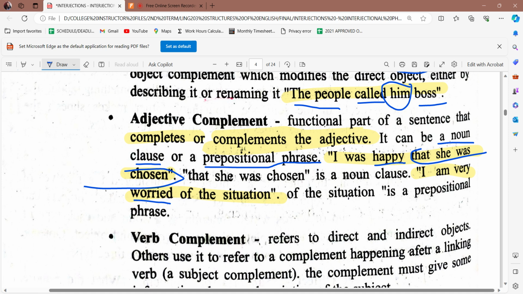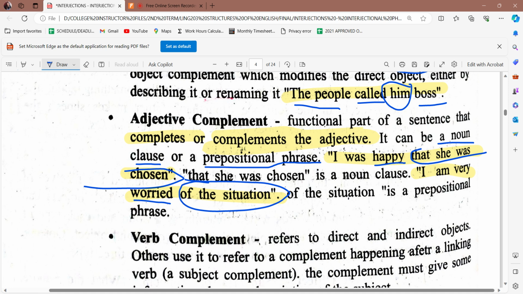Now, ask yourself, what is he worried about? Of the situation. What answers your question is our adjective complement. Therefore, since it complements or completes the adjective, of the situation here is our adjective complement.